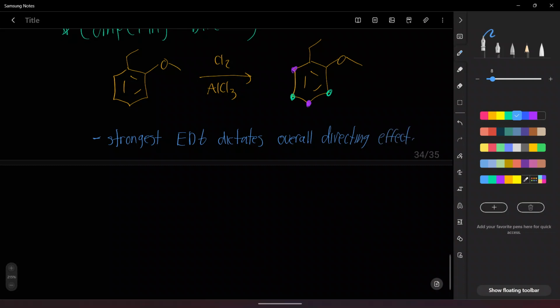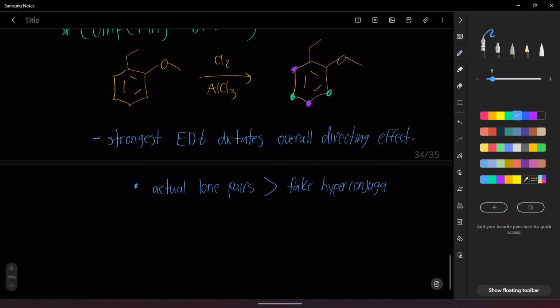So how do I know what is the stronger thing, right? Well, actual lone pairs are way better than fake hyperconjugated lone pairs, right? Meaning hydrocarbons, which don't really have lone pairs to donate, they just do that hyperconjugation, which is like fake resonance.